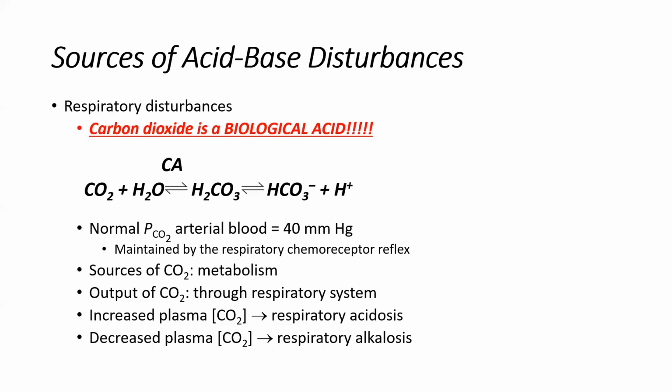So whereas the lungs can create acid-base disturbances, the lungs can also work to correct acid-base disturbances as well. And so if we increase our plasma CO2, we're going to be in a state of respiratory acidosis, holding on to that acid or that CO2. And if we decrease our plasma CO2, we're going to be in a state of respiratory alkalosis, which is losing too much of that acid and putting us into an alkalotic state.